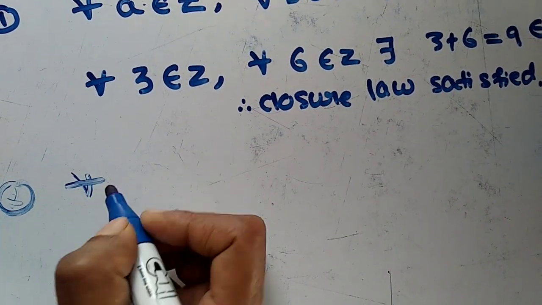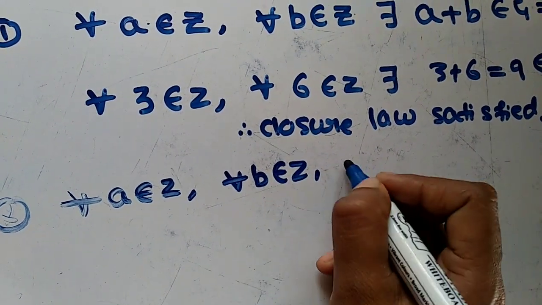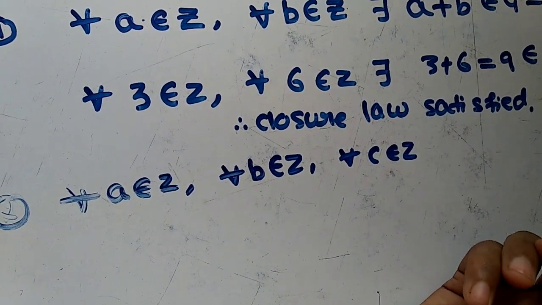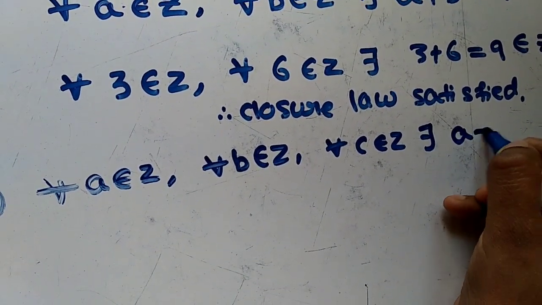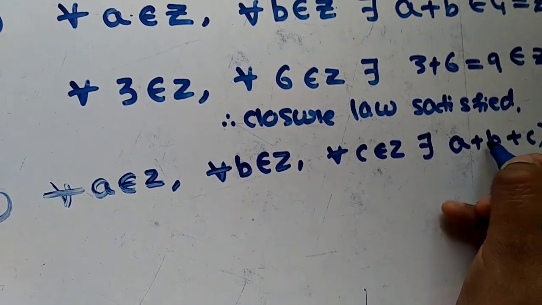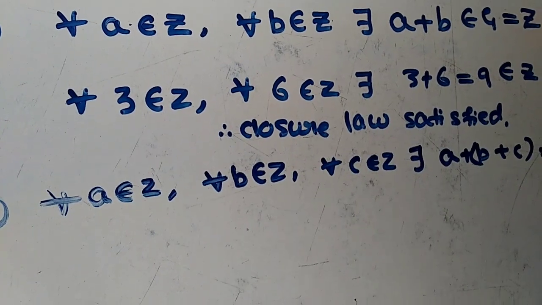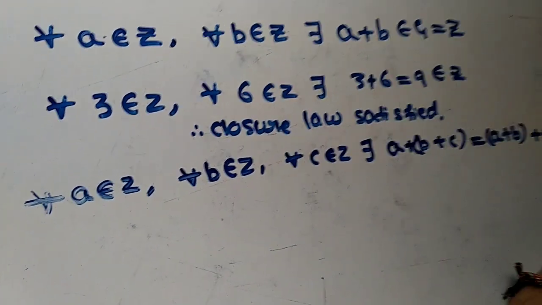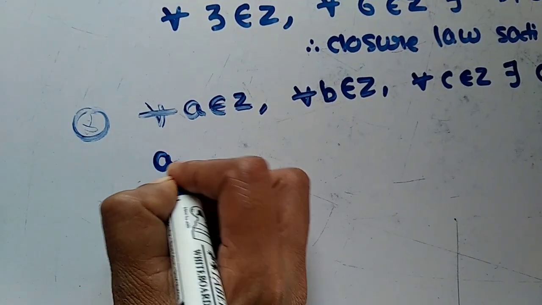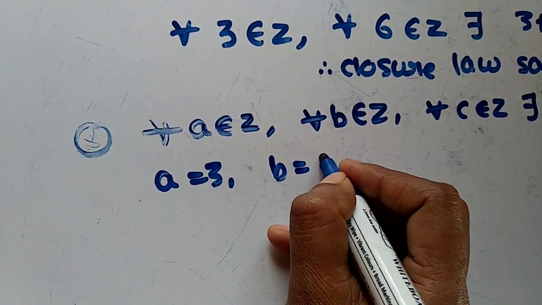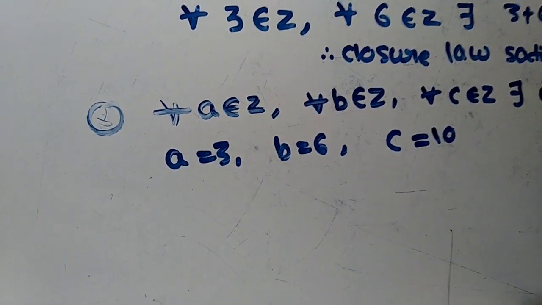For all a belonging to Z, for all b belonging to Z, and for all c belonging to Z. The condition for associative law is that (a plus b) plus c equals a plus (b plus c), and the answer also belongs to Z. Let us take a as 3, b as 6, and c as 10, you can check with anything.